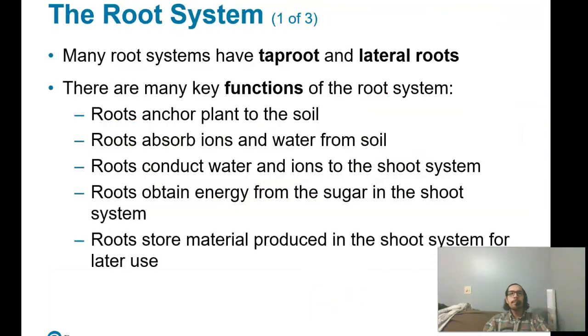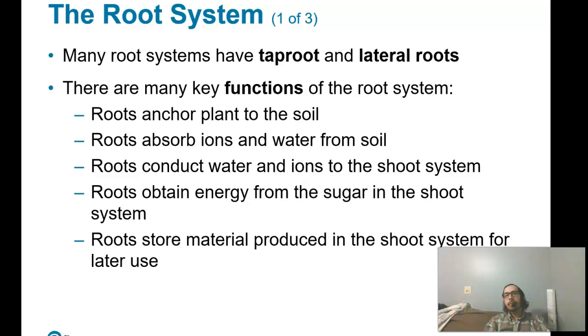The root system is made up of different parts. So there's the taproot, which is the main vertical root, usually the longest. And then there are lateral roots that shoot out horizontally.